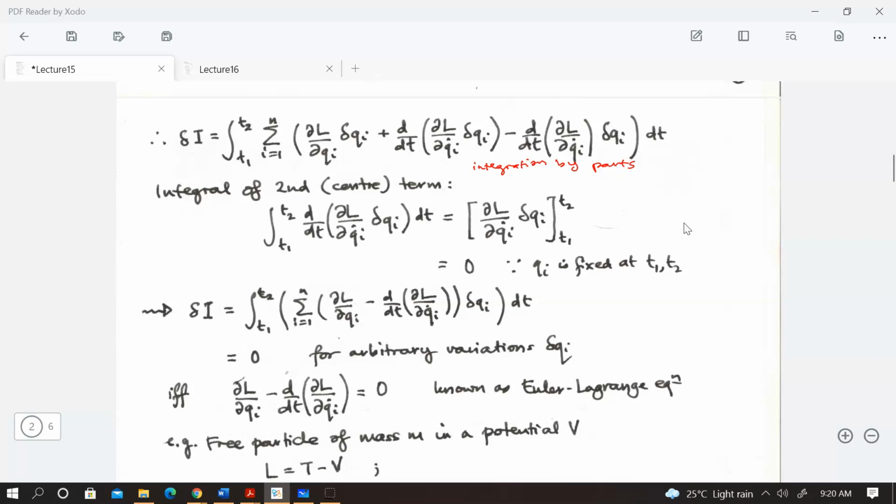But at the endpoints, you have actually seen that before. You get that delta qi at t1 equals 0, and delta qi at t2 equals 0, because we fix the condition there. So the second term that we get over here will just go to 0.